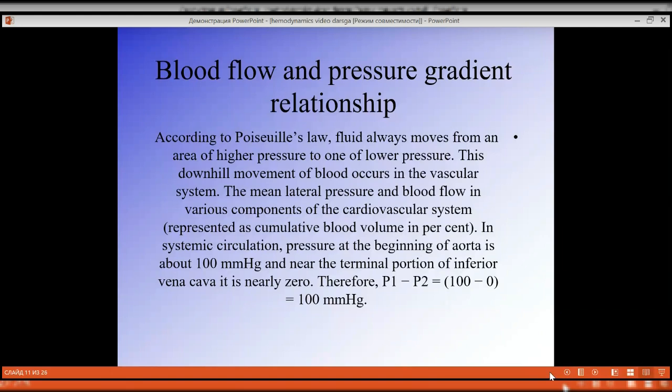In systemic circulation, pressure at the beginning of the aorta is about 100 millimeters of mercury, and near the terminal portion of the inferior vena cava, it's nearly zero. Therefore, P1 minus P2 is approximately 100 millimeters of mercury. It gives us the delta P.